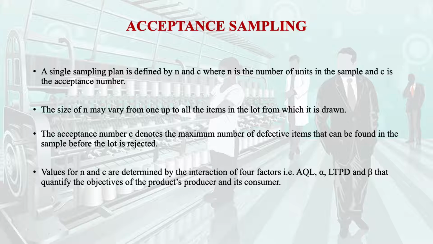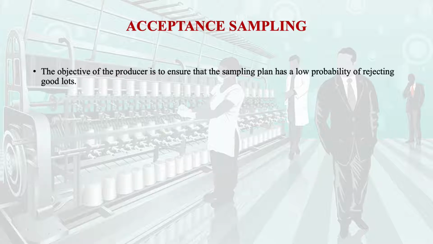All these values also indicate the objectives of the product producer and its consumer. The objective of any producer is to ensure that the sampling plan has a low probability of rejecting a good lot.